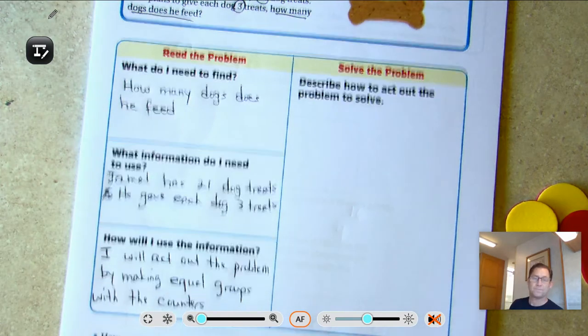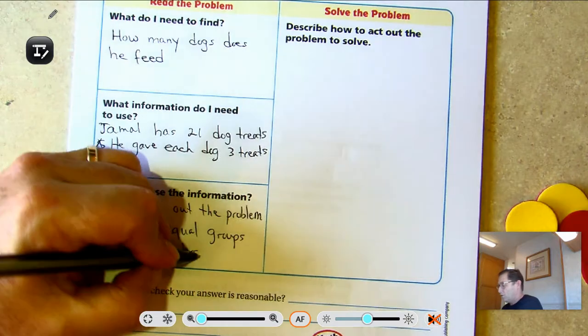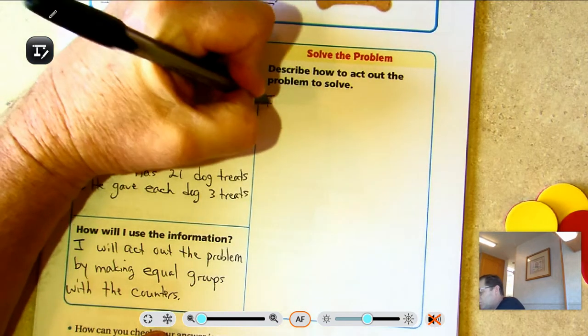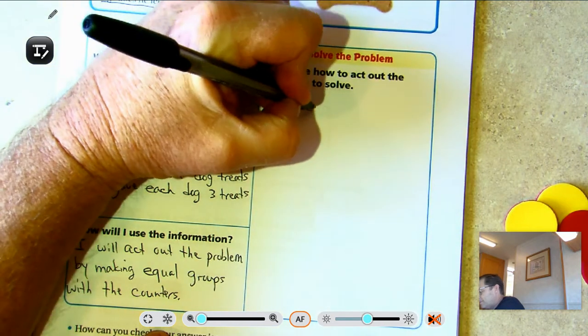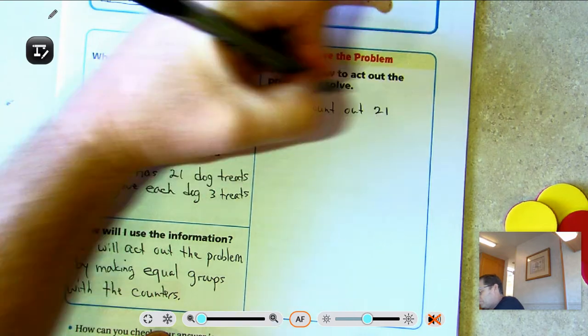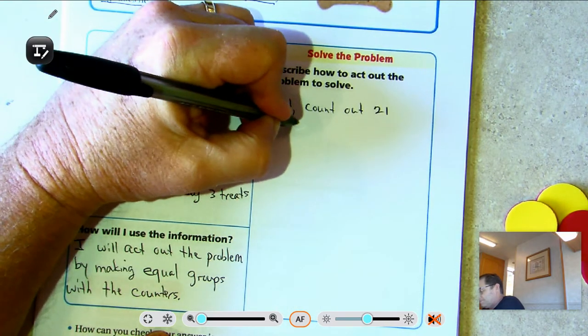All right. So what are we going to do first? Well, first we're going to count out 21 counters.